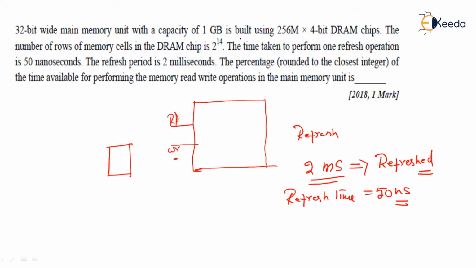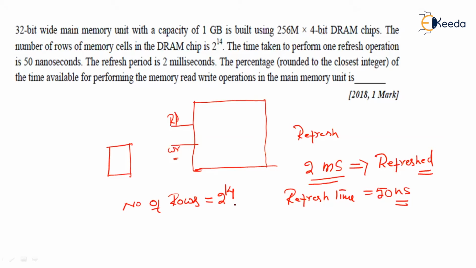For every row, there are a total of 2 power 14 rows. Number of rows are equal to 2 power 14. So each and every row must be refreshed. This is the rule of a dynamic memory.